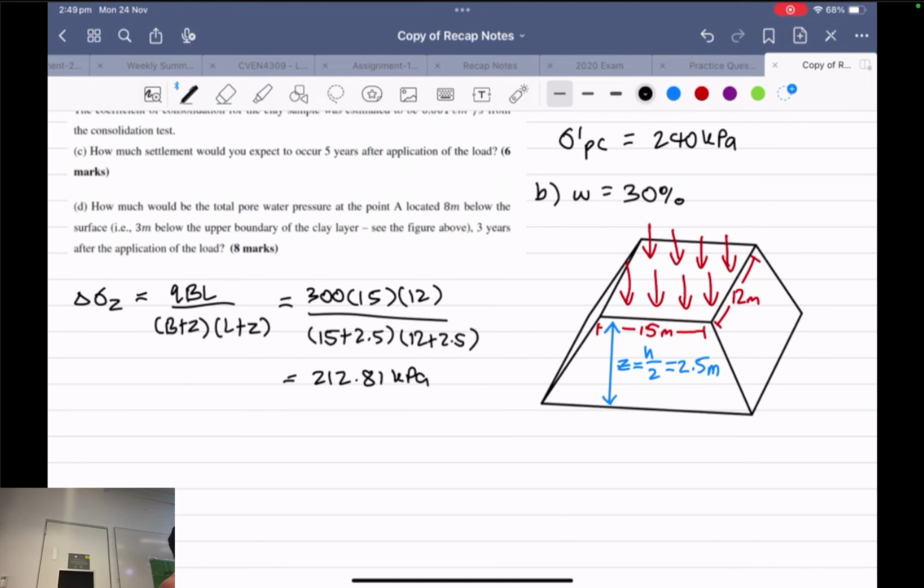So that's your change in stress due to the applied load at 2.5 meters in the clay layer.